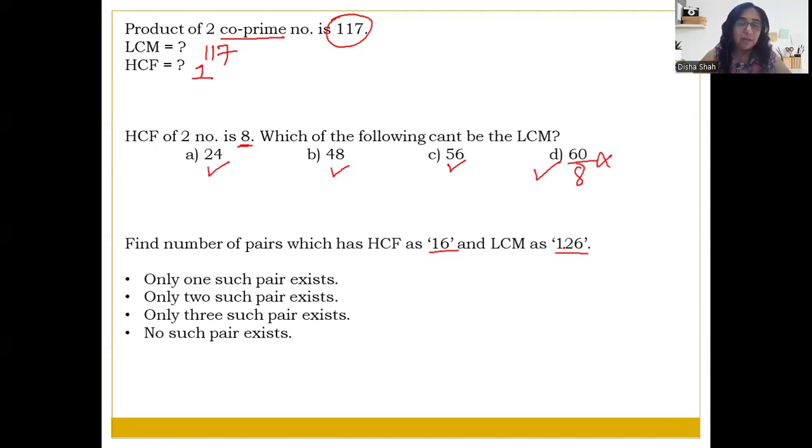How many such pairs exist? मतलब आपको ऐसे नंबर्स निकालने हैं जिनका HCF 16 होता है और LCM 126 होता है. ऐसे कितने नंबर्स के पेयर हैं जो इस कंडीशन को सेटिस्फाई करते हैं? तो आंसर is, HCF should always be a factor of LCM, and 16 के टेबल में 126 नहीं आता है. 126 is not divisible by 16, तो ऐसे कोई नंबर हो ही नहीं सकता जिसका HCF 16 हो और LCM 126 हो. It is not possible. तो आंसर is no such pair exists.